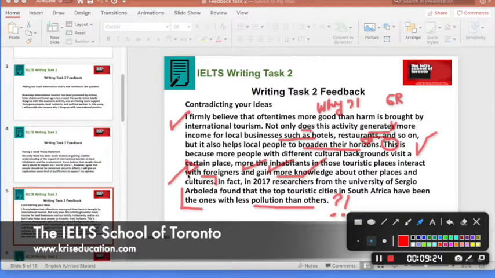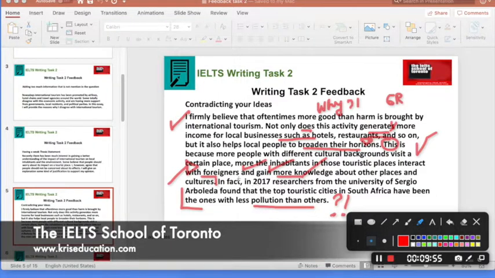So the example needs to say something like, in fact, in a 2017 study, researchers from the University of Sergio Arboleda found that people who live in big touristic cities are more likely to accept ideas from other people, to be more open-minded than people who live in rural areas.